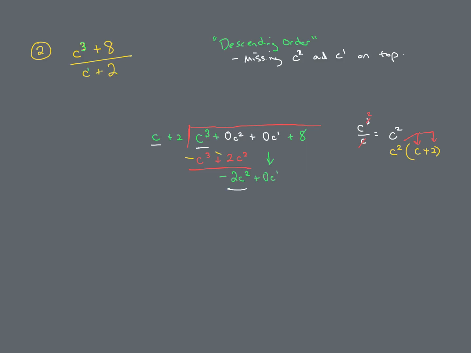Next, dividing the negative 2c squared and the c. C cancels on top and bottom, so we end up with negative 2c. And then negative 2c, multiplying that by the c plus 2.